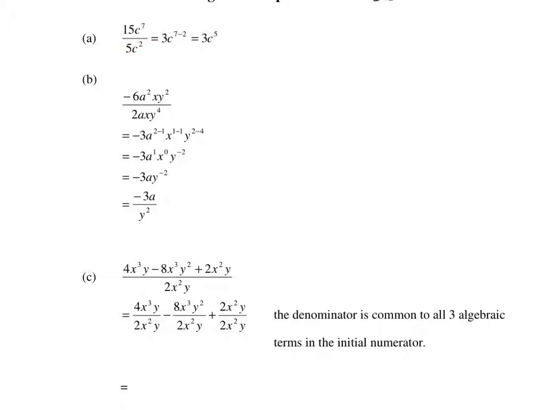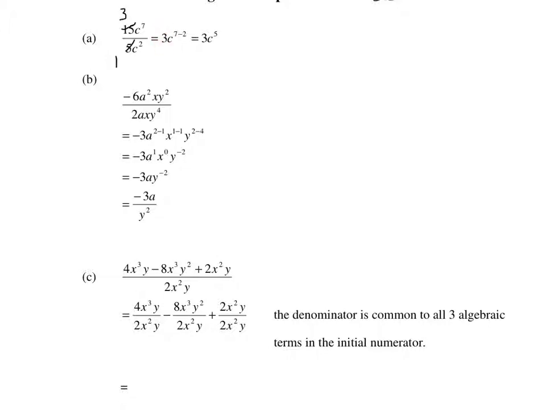Now the first thing you do is look for common factors for the 2 coefficients. That's the 2 constant values that are multiplied by the variables. So 5 is a factor of 15. 5 divides into 15 3 times. So we can actually just do a little simplification there, like so. So hence the coefficient for the answer is 3.